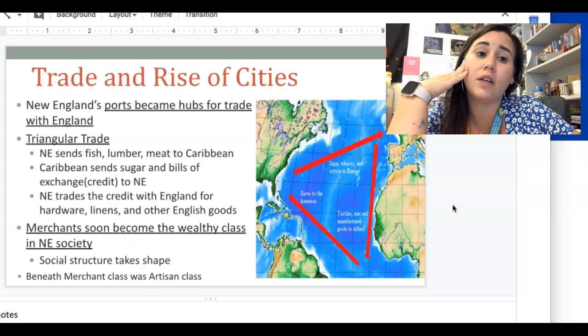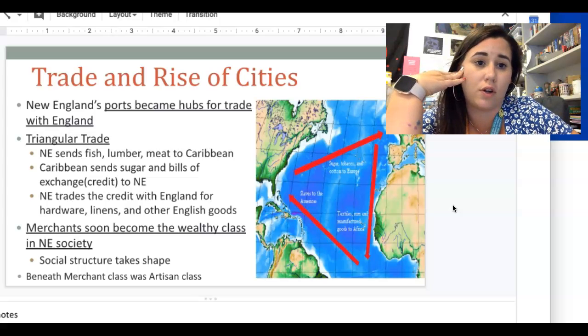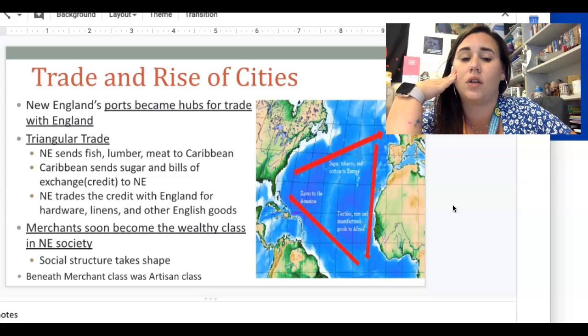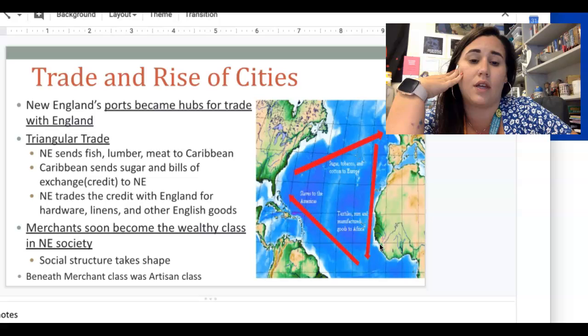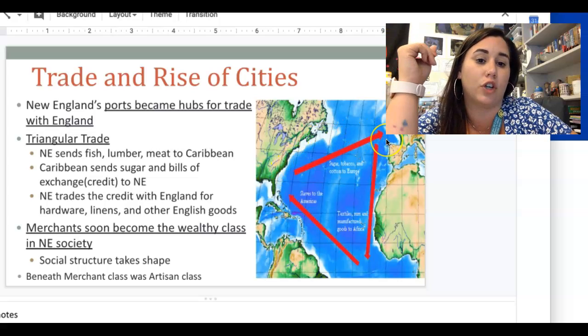So, because New England was not suited for agriculture, the ports on the coast are going to become hubs for trade with England. We see the rise of triangular trade, which involves the Americas, Europe, and Africa. We'll see on the next slide that we didn't always have to go in this neat little triangle, but primarily you're going to see sugar, tobacco, and cotton, raw goods, things like timber, going from the Americas to Europe.